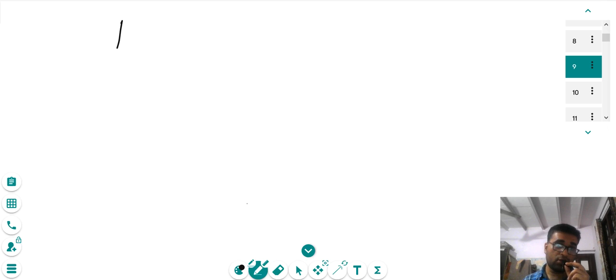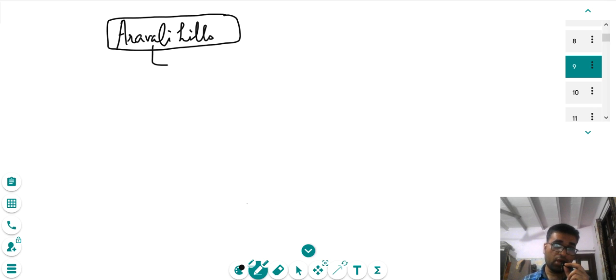See, Aravalli Hills, they are the oldest ones. They are the oldest hills of earth, right? And they are made up of Archean rock.